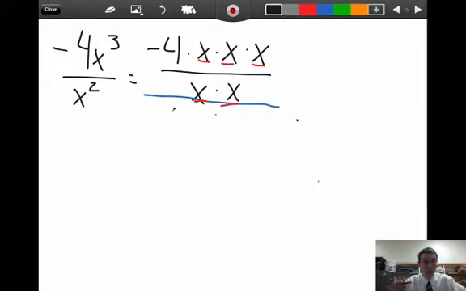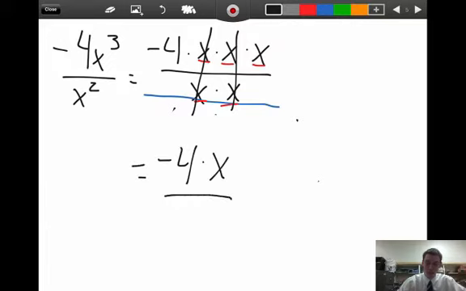And anything times 1 is just itself, so it's not going to really matter. So when we rewrite it, we can just simply cancel out these 2 x's. And then that means we just have negative 4 times x in the top. We have nothing in the bottom, but we still have a placeholder, so it's still 1. We can't say it's 0 because we can't divide by 0. So we end up with negative 4 times x over 1, which simply equals negative 4x, just like we got before.